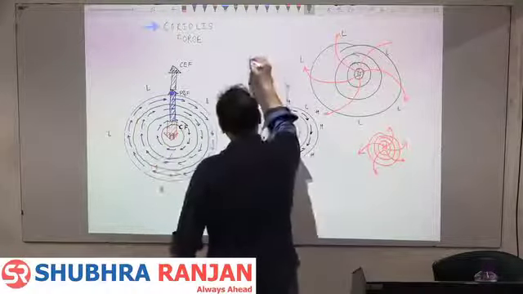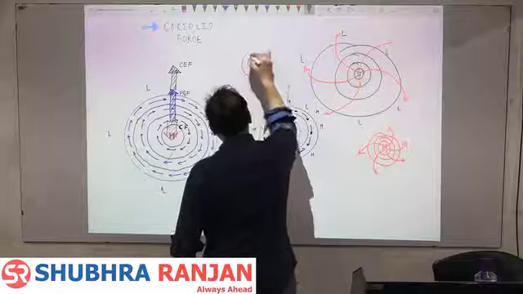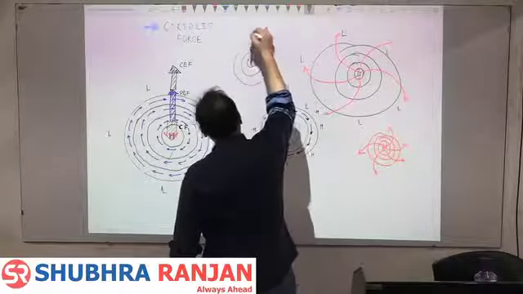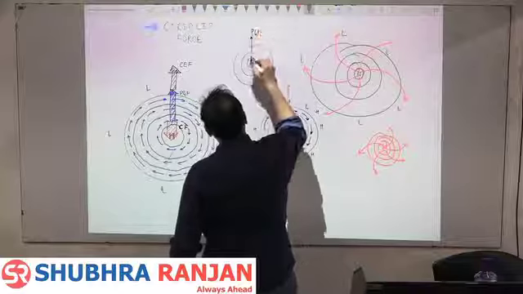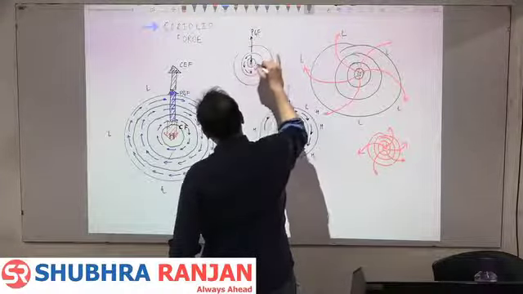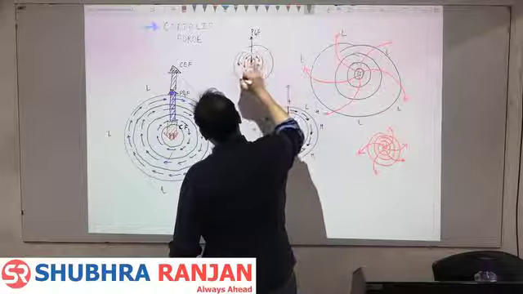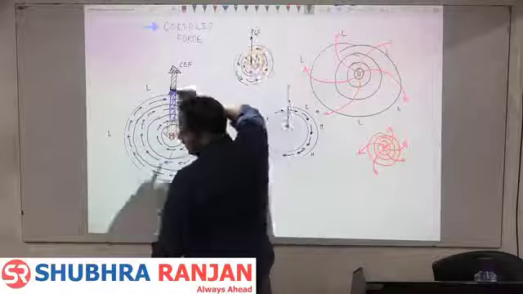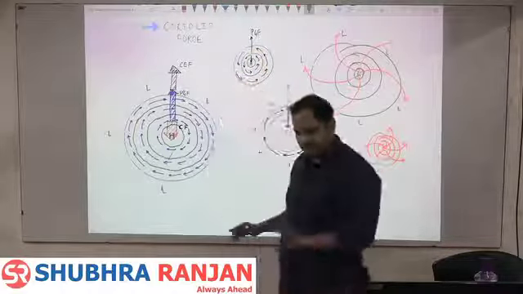Had this been the southern hemisphere, with the Coriolis force acting inwards and the pressure gradient force acting outwards, they would have got deflected to the left, and we would have written that anticyclones are anti-clockwise in the southern hemisphere. Is it clear now?